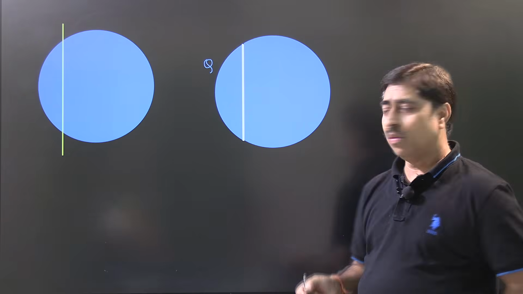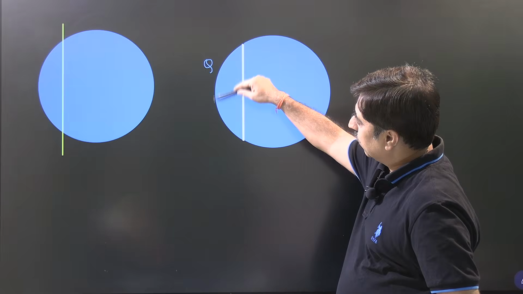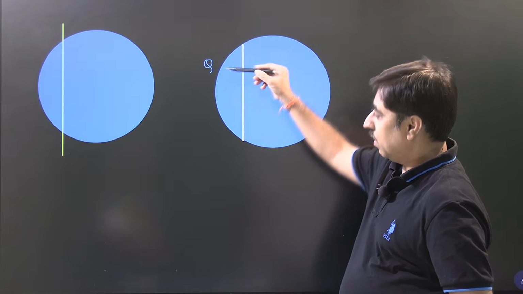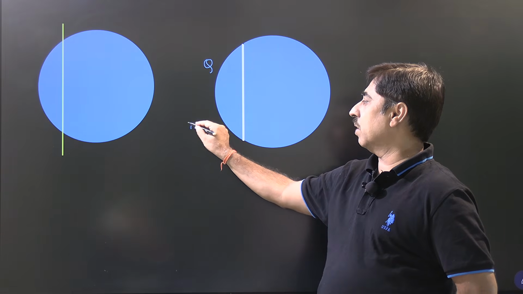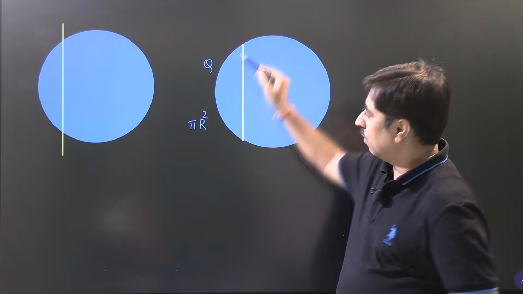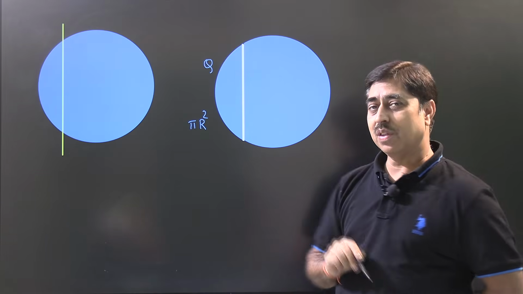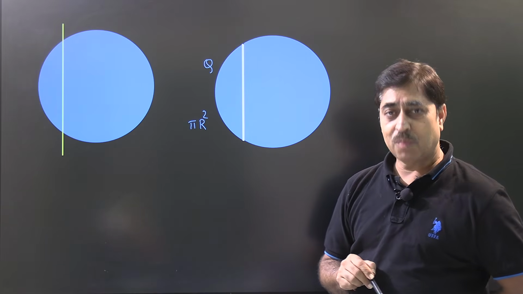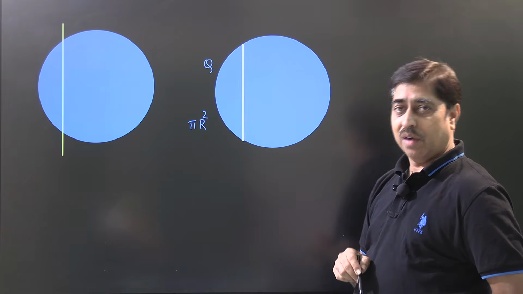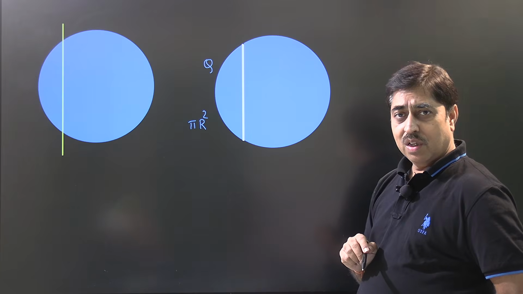It is also given to you that the curved surface area of this smaller part is pi r squared, where r is the radius of the sphere. So I repeat, the area of this curved surface of the smaller part is pi r squared, where r is the radius of the original sphere.